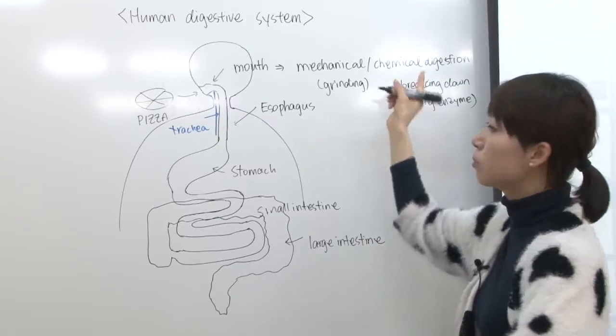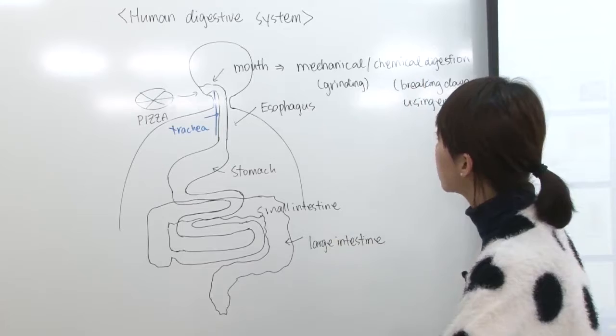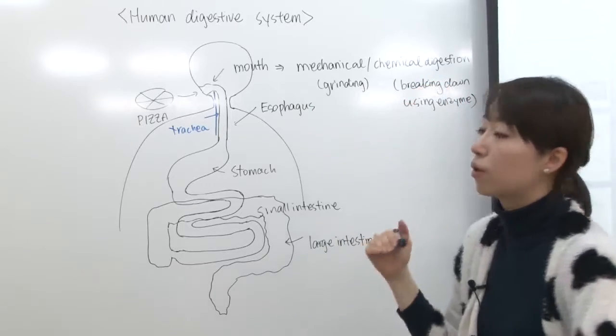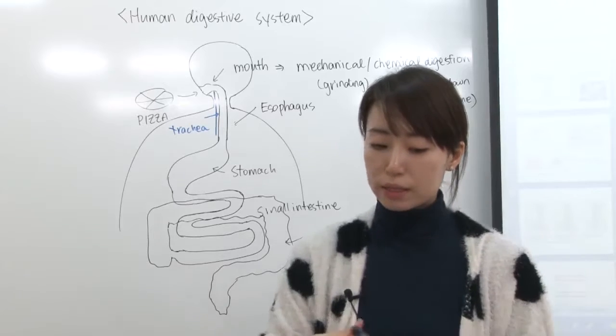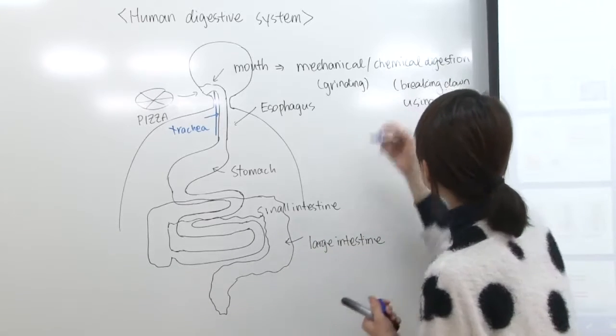The kind of chemical digestion that occurs is the breakdown of carbohydrates. In the mouth, we secrete the enzyme called amylase.